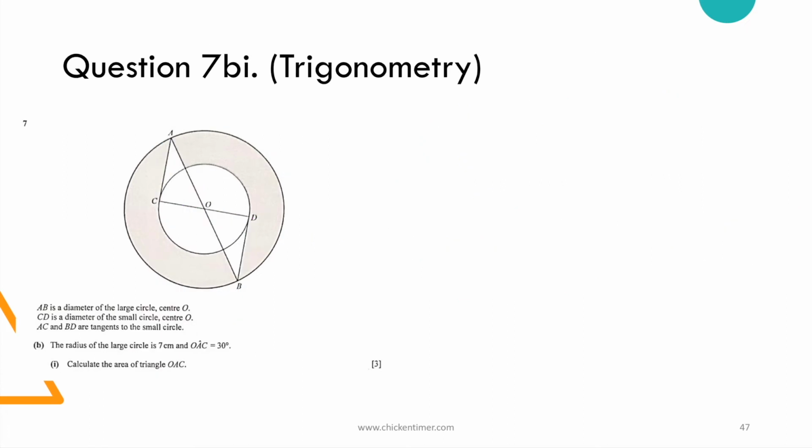Then part 2, back to this. Because they're congruent, the radius of the large circle is 7. So here to here is 7, and angle OAC is 30. We are supposed to find the area of triangle AOC.